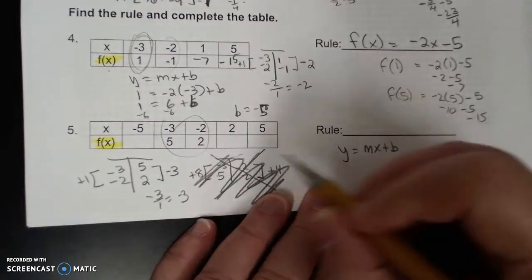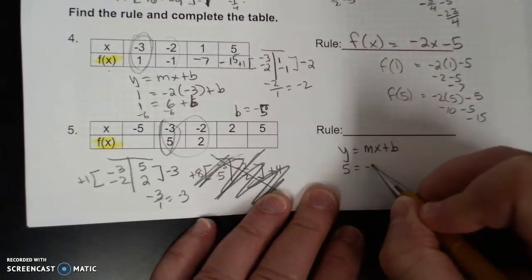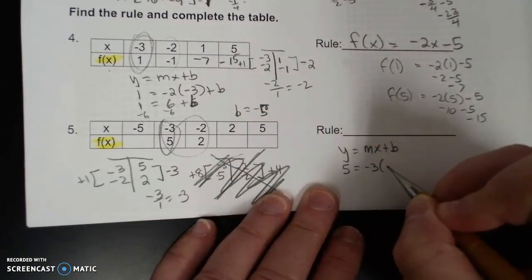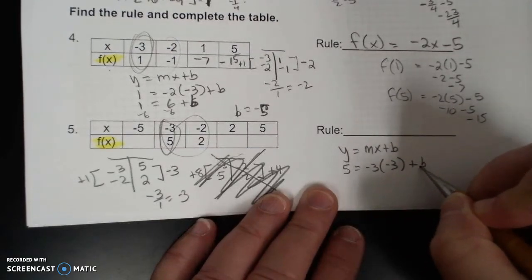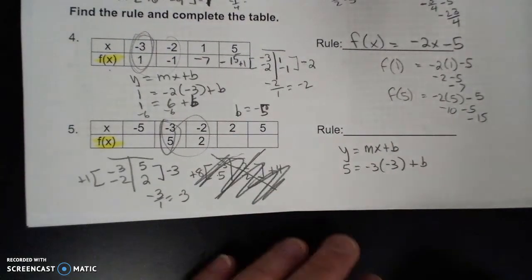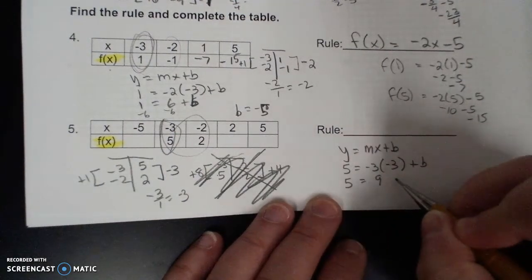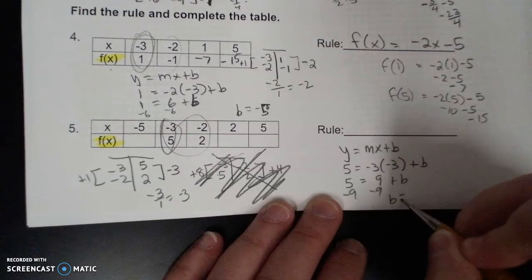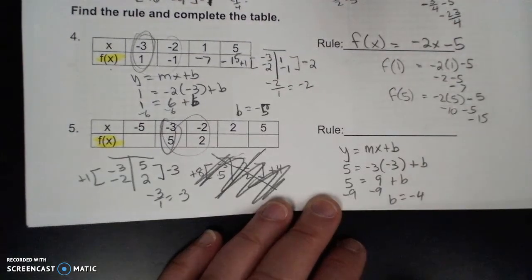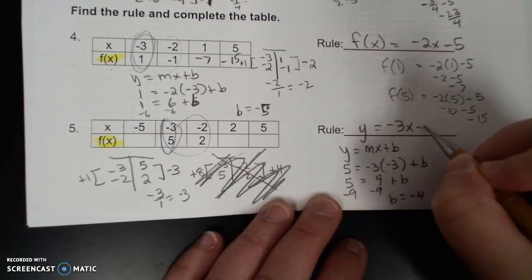My y, I'm going to use the 5 and the -3. 5 equals -3 times -3 plus b. 9, 5 equals 9 plus b, subtract 9, b equals -4. So my rule is y equals -3x minus 4.